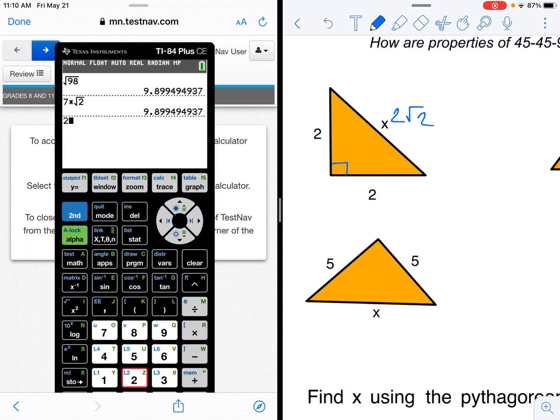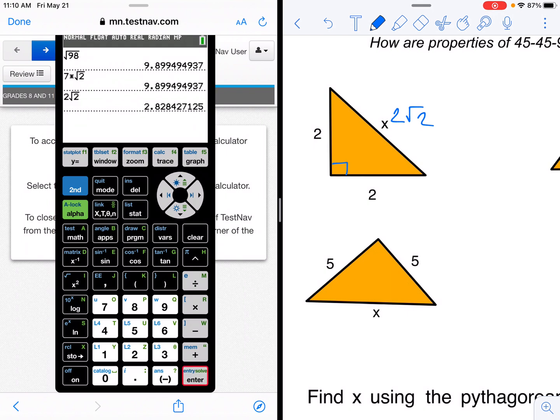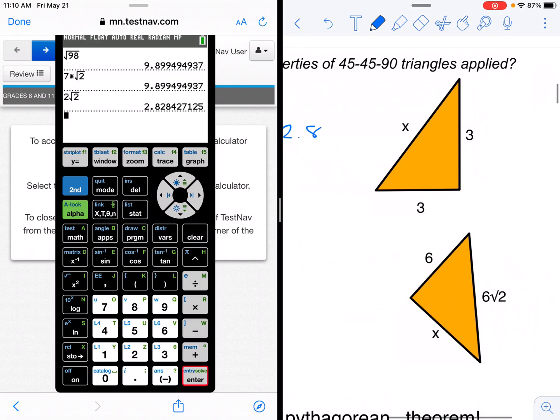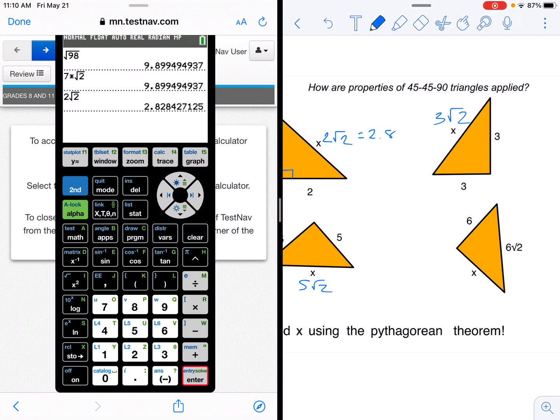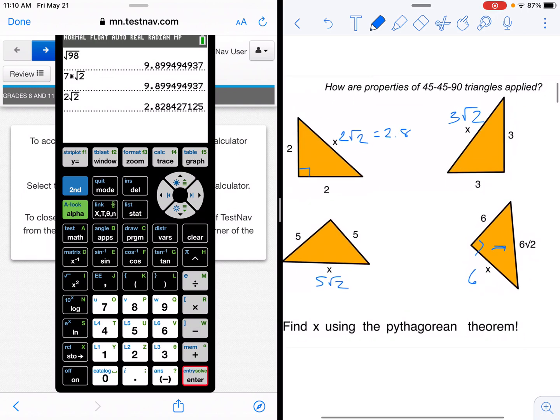Or, on your calculator, 2.8. This one you would get 3 square root of 2. This one you would get 5 square root of 2. And this one, x would be 6, because we're given the hypotenuse is 6 square root of 2.